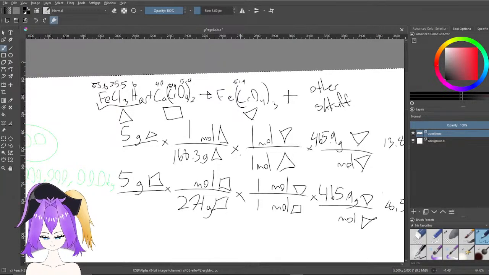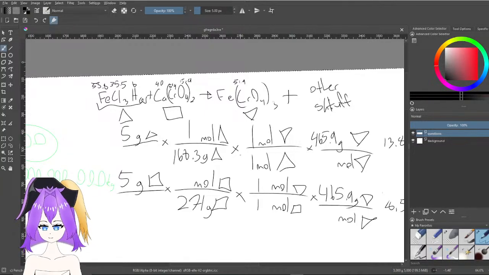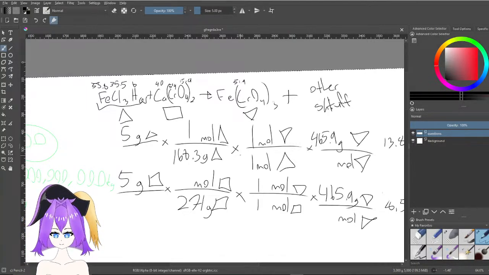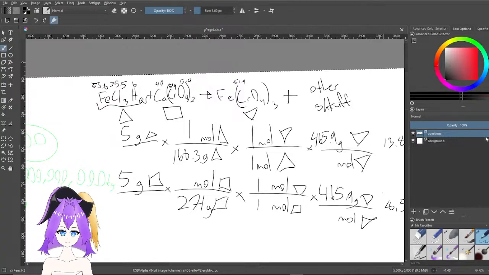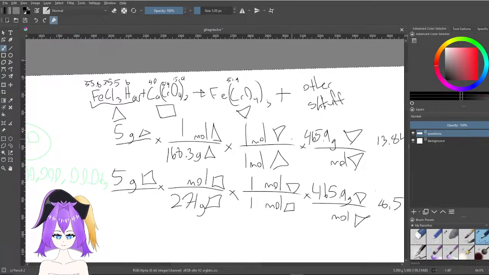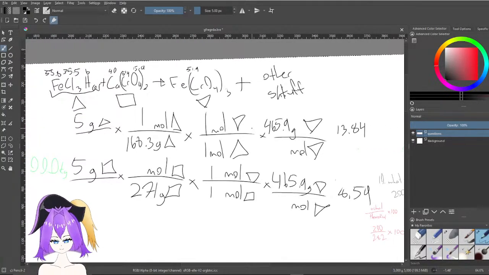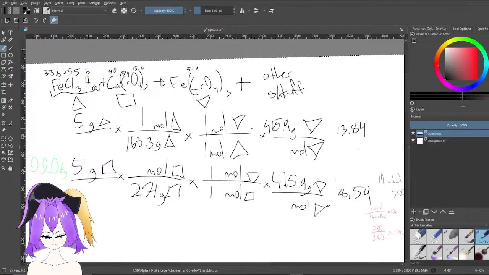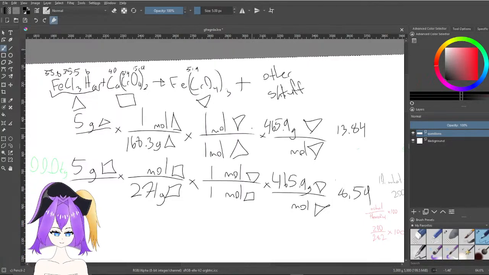Don't mind me just writing all this down. Moles of Dorito chips for 65.9. Yeah. What did I get? 13.84. 13.84. 8.59. Okay.